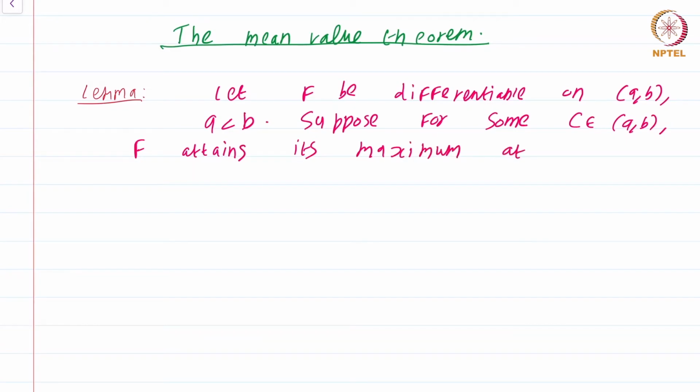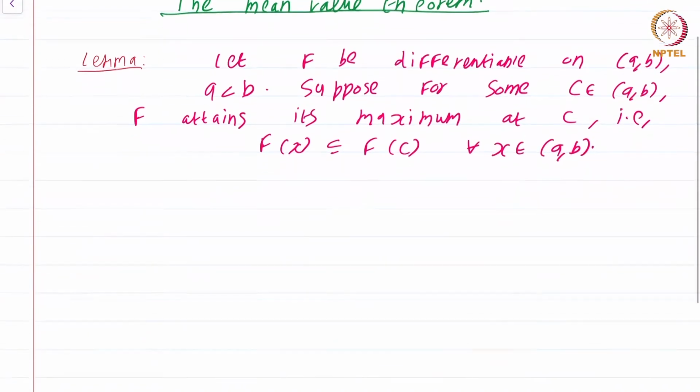What I mean by this is that f of x is less than or equal to f of c for all x in (a, b). This is a point of maximum of the function f.